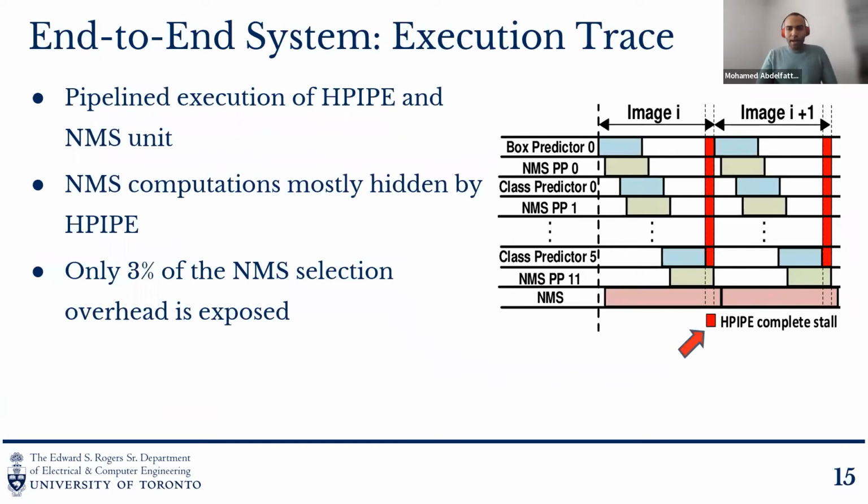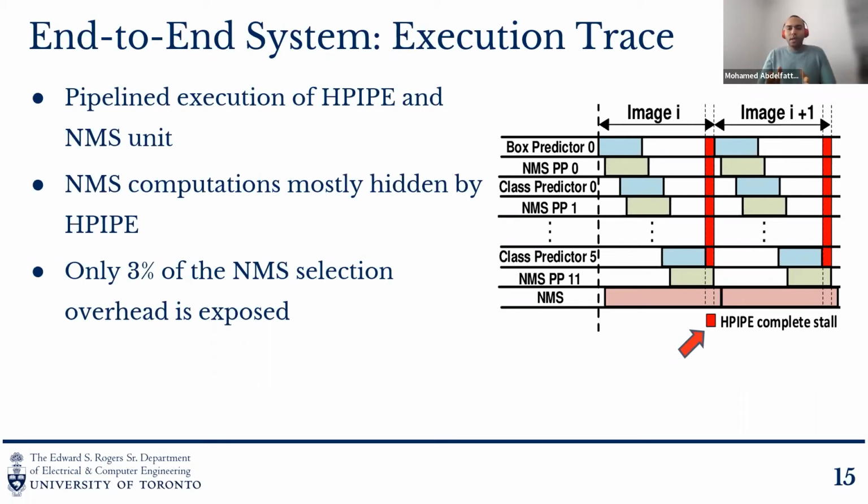After doing that, this figure on the right shows an execution trace of our end-to-end system. The blue boxes represent the SSD convolutions, which are accelerated by Hpipe. The green boxes represent what we call NMSPP, or pre-processing, which are the data formatting, thresholding, and decoding stages. Then we have the pink boxes, which represent the non-maximum suppression selection, the final stage of the end-to-end system.